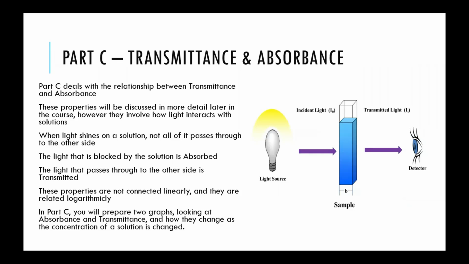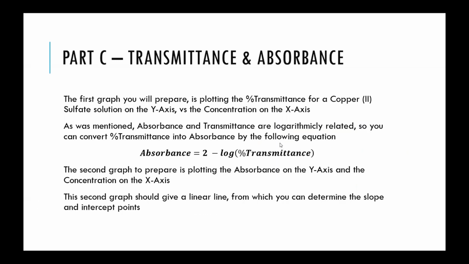That is the basis of transmittance and absorbance. There is some amount of light that is transmitted through to the other side, and some amount of light that is blocked by the chemical. So the relationship between these two properties, transmittance and absorbance, is not linear.